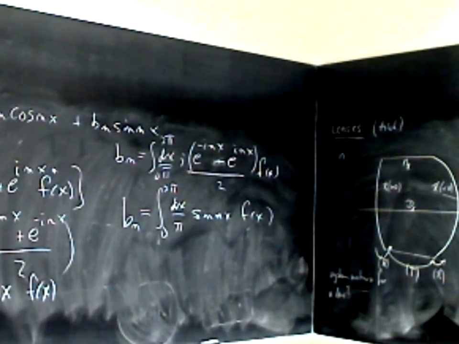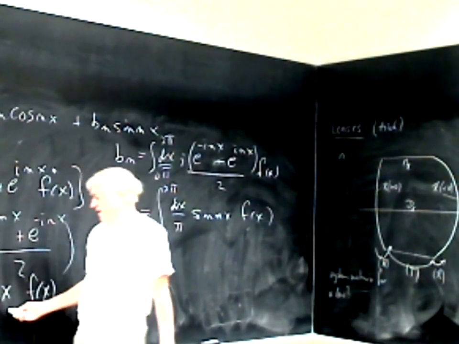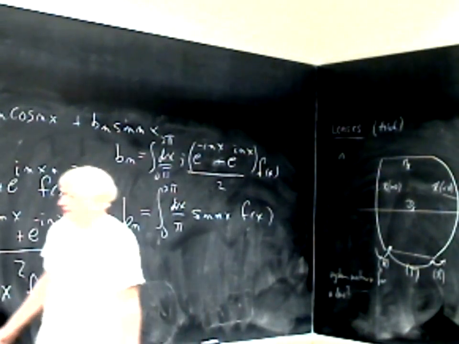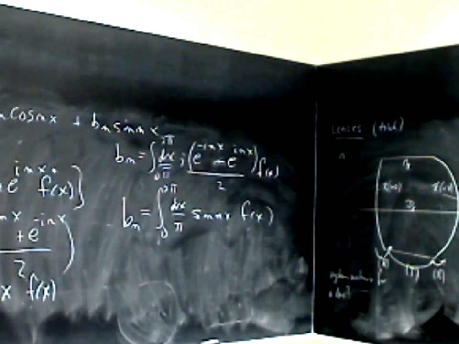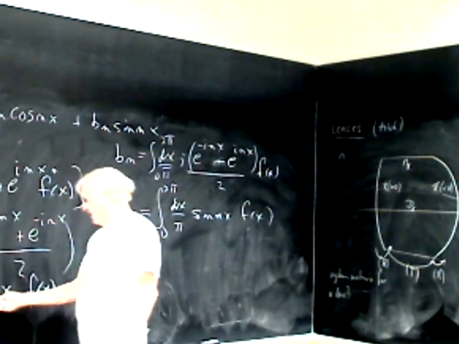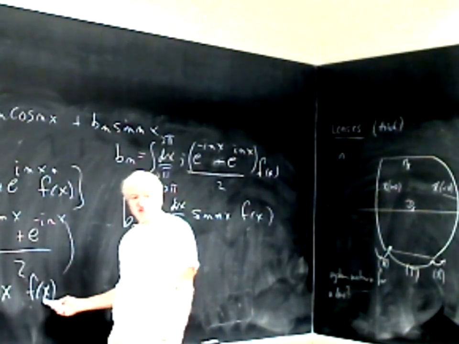And actually, now that I think about it, the reason why I didn't write it explicitly is that this is the correct formula for A0. So A0, the 2 is cancelled. So A0 is dx over pi, that's 1 when n equals 0, f of x.